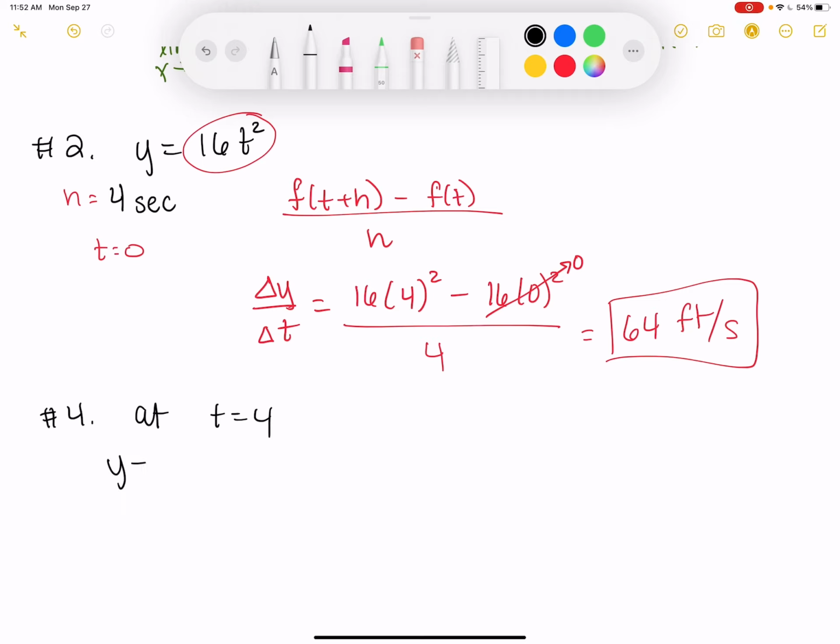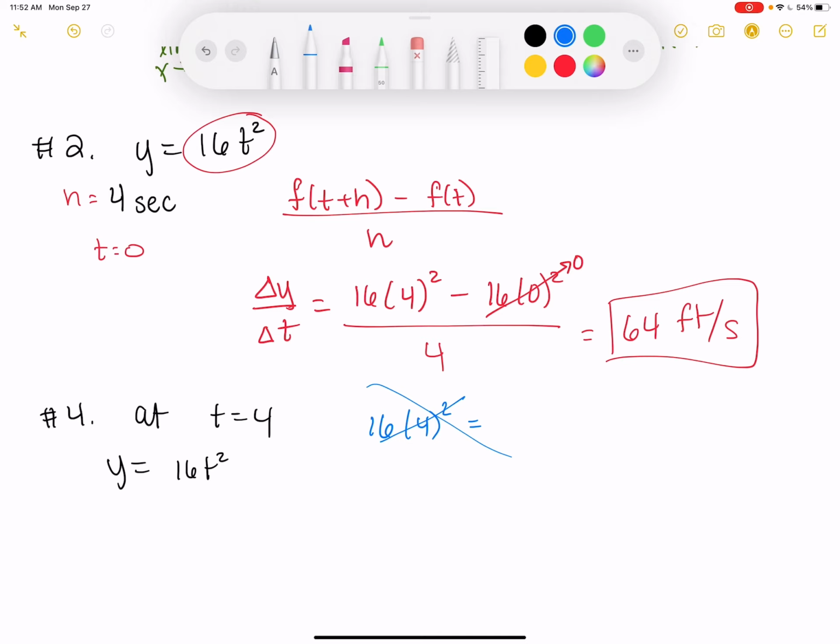And we're still dealing with y is equal to 16t squared. A common mistake here is that people will go, oh, at t is equal to 4, it's 16 times 4 squared. But that's not true.